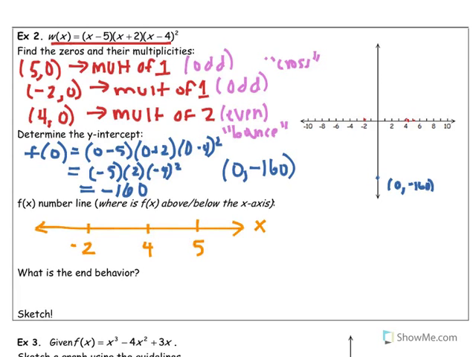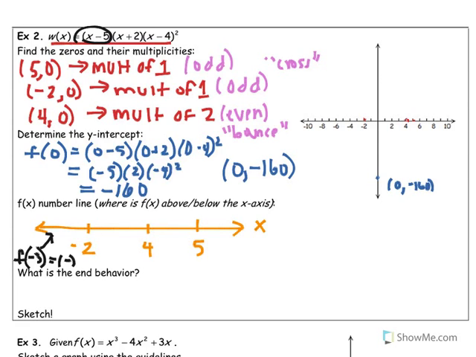So if I test here, let's say we'll do f of negative 3. You could have picked another number like negative 4 or negative 5. But when I plug in f of negative 3 in my first factor, I'll get a negative. Negative 3 minus 5 gets me a negative.